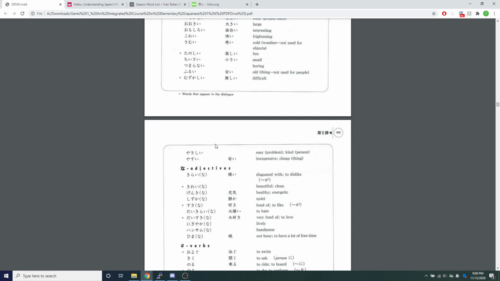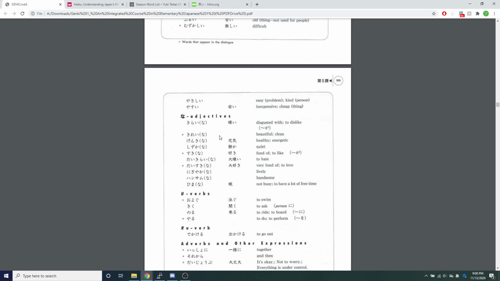安い means cheap in terms of an object or something you want to buy. So if you wanted to say the new PlayStation is not cheap, you could say 新しいPlayStationが安くないよ. The new PlayStation is not cheap. The opposite of that being 高い, which I think is last chapter vocabulary.